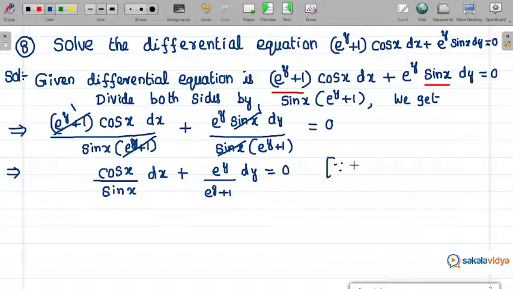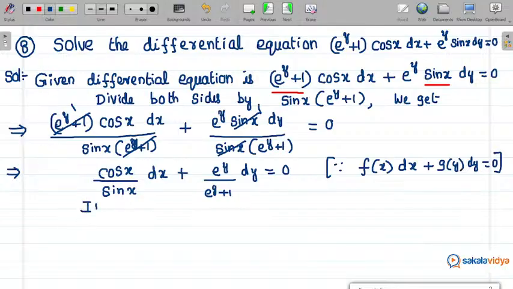Now, this is in the form of f(x) dx + g(y) dy = 0. So, this is the variable separable form, so that we can directly integrate it in order to get the general solution.